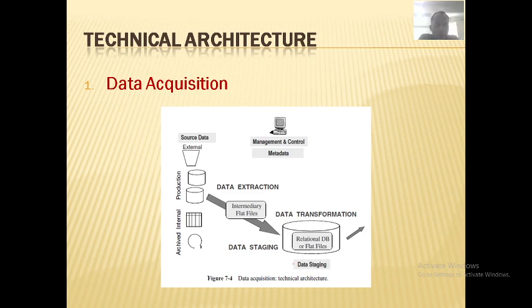We group the components into three major areas. We have examined the architecture and highlighted the distinguishing characteristics of the data warehouse architecture in comparison with operational systems.